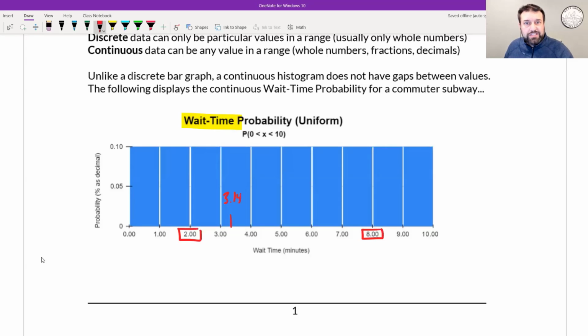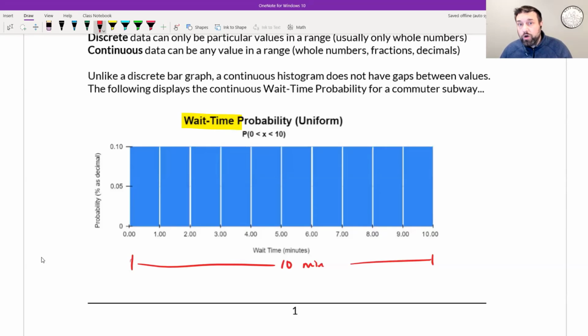Time is a continuous measurement. And so once again, if we're waiting on the subway platform, we have a base equal to, in this case, 10 minutes. That's the base of our rectangle. And therefore, each probability is 1 over 10. So notice the 10 minutes here, and 1 over 10. There's a reciprocal relationship between the base and the height of the rectangle.